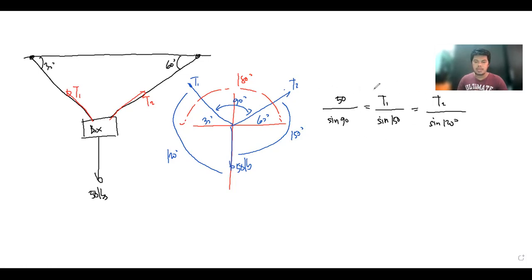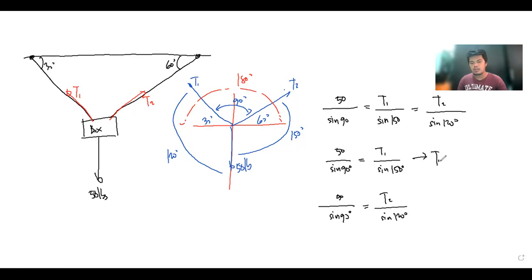First, 50 over sine 90 equals T1 over sine 150, and 50 over sine 90 equals T2 over sine 120.